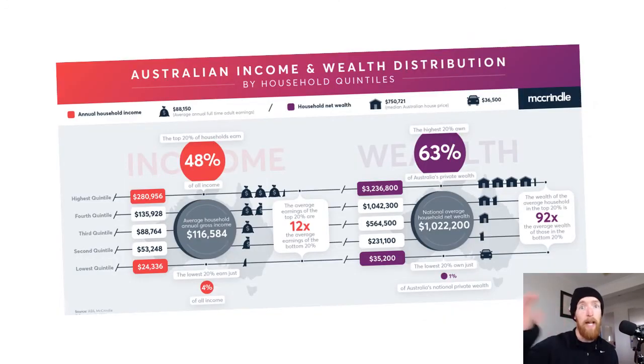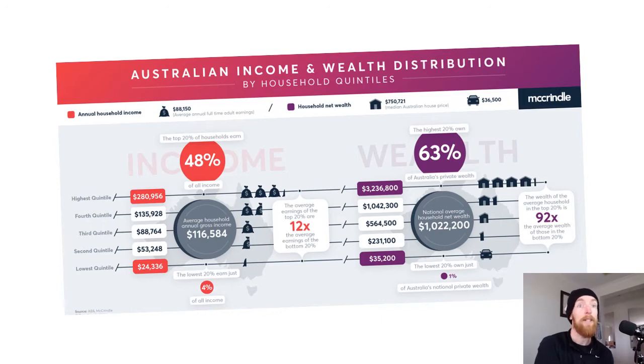So when we look at Australia at the moment, this is stats from 2019, I believe. I tried to get updated ones yesterday when I was making this. But if you look at the lowest quintile, their average household income is only $24,000. If you think about that, that's pretty significantly low. So for example, when I was a uni student and I was just working in a bottle shop, I made about that in a year just from working part-time.